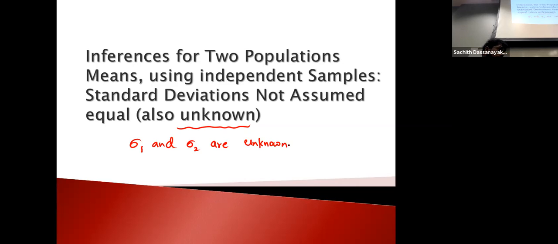We don't know them, and at the same time, they are not equal. That's the situation. We have to do the same things for this situation: according to this scenario, we have to find the hypothesis testing and confidence intervals.